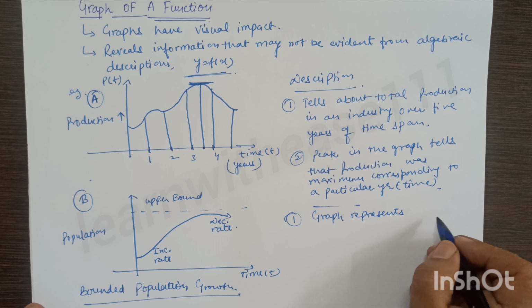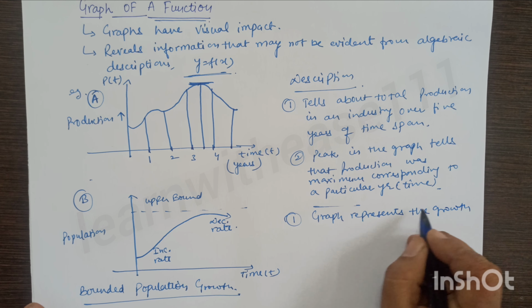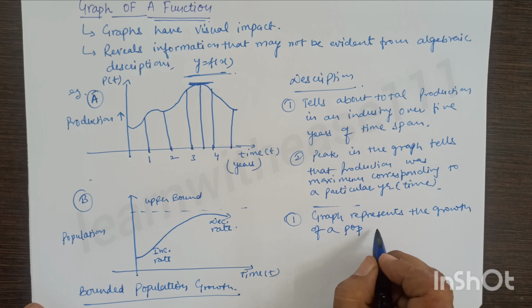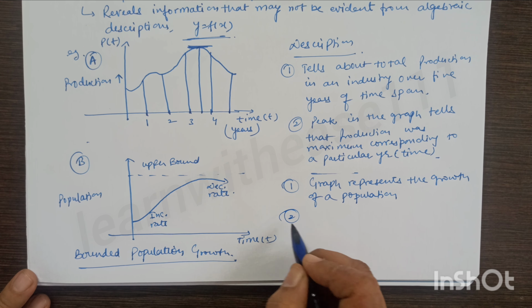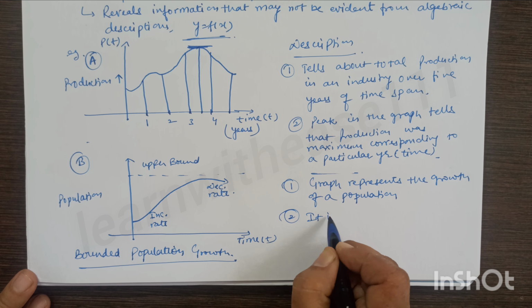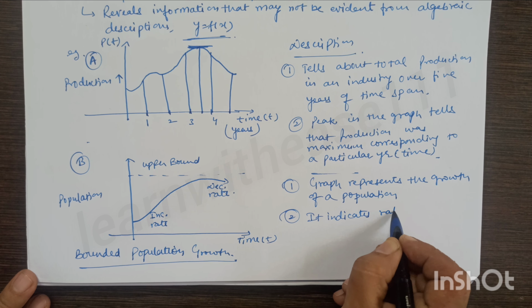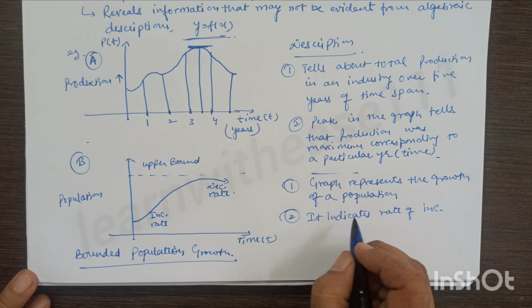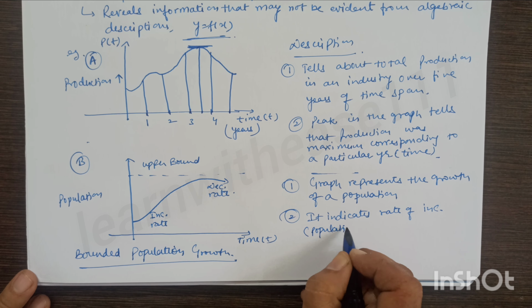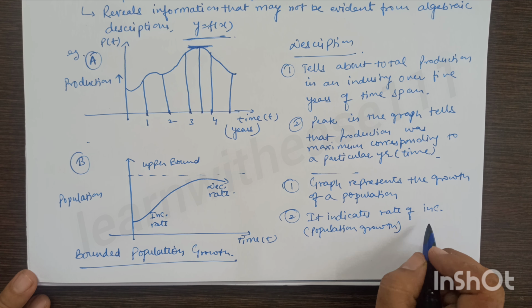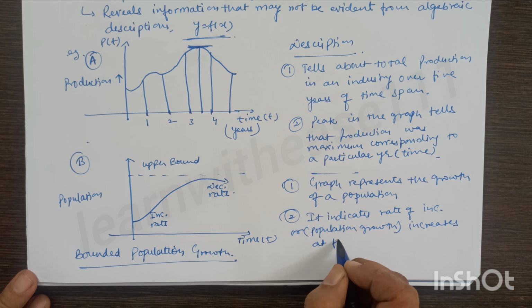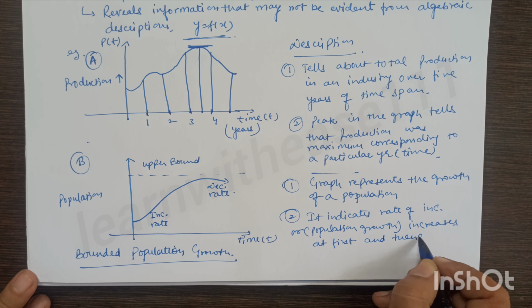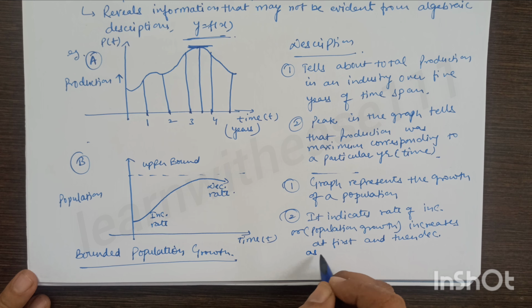The graph represents the growth of a population with an upper bound, and secondly, there is a rate of increase of population growth, which indicates the rate of population growth increases at first and then decreases with the size of the population when it gets closer to the upper bound.